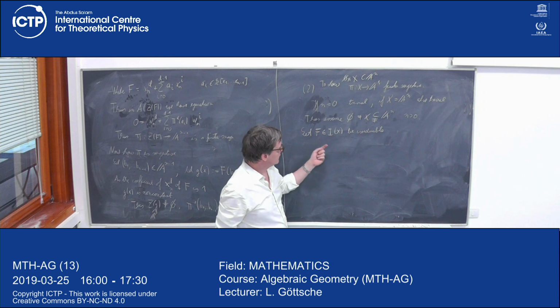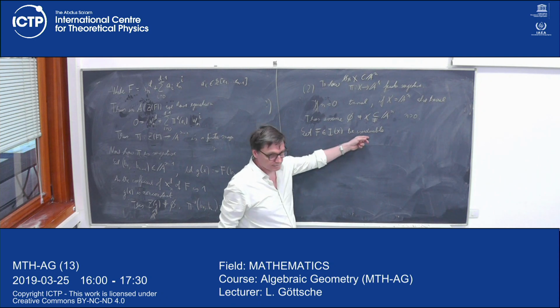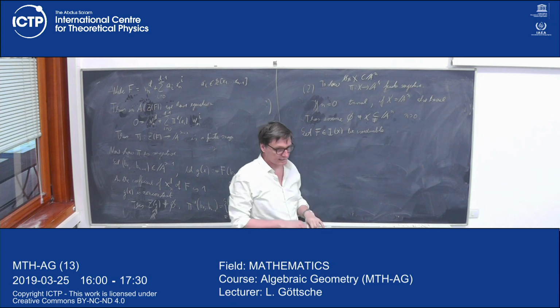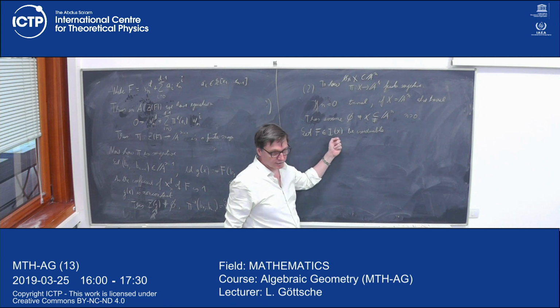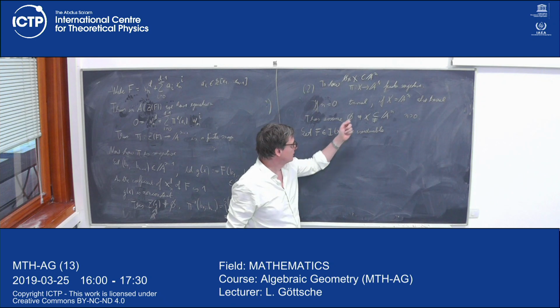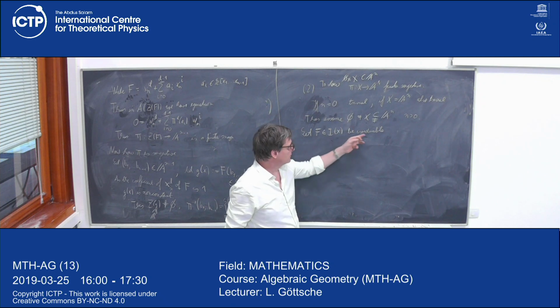So if I would find a reducible polynomial in the ideal of X, then I could write it as a product of irreducible factors, and by the fact that this is a prime ideal, it would follow that one of the irreducible factors has to be in the ideal of X. And so once I can find an element, I can find an irreducible element.